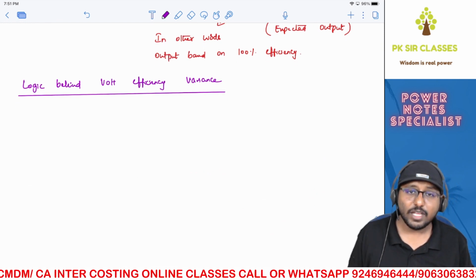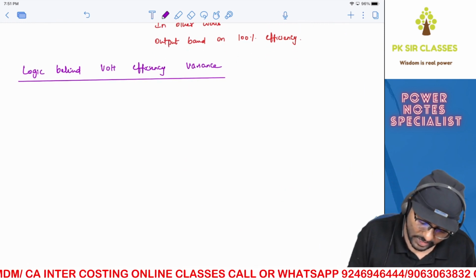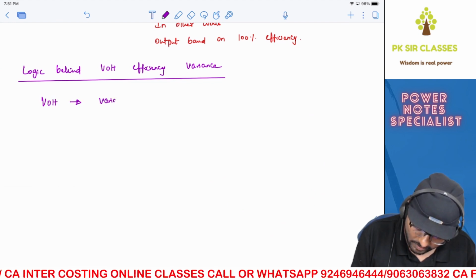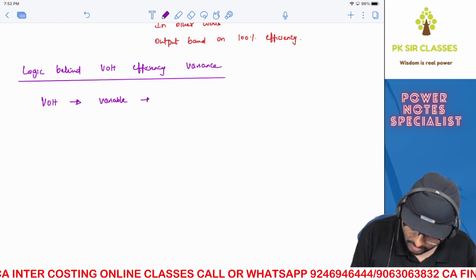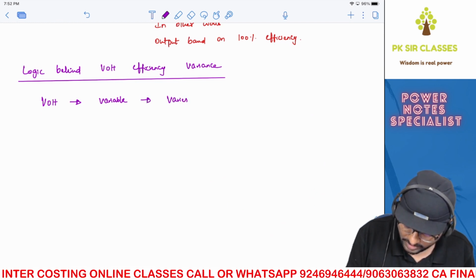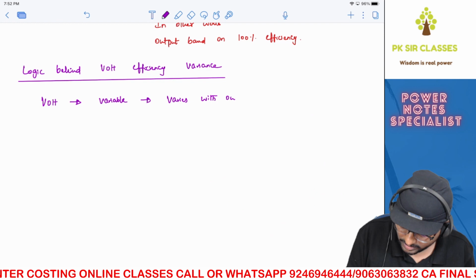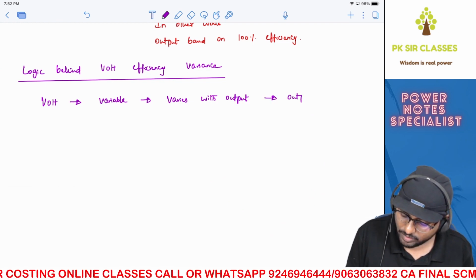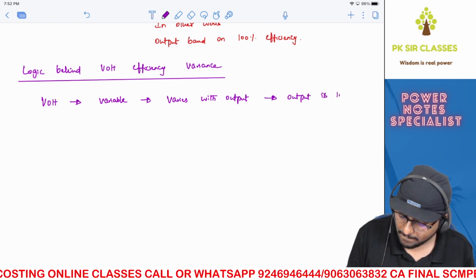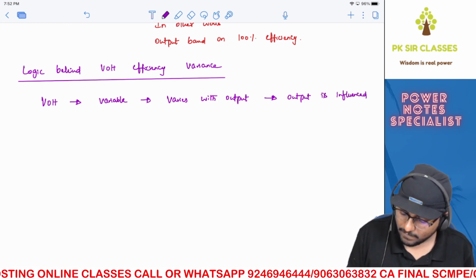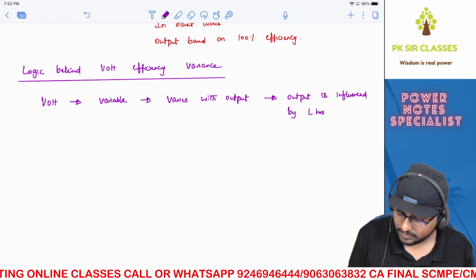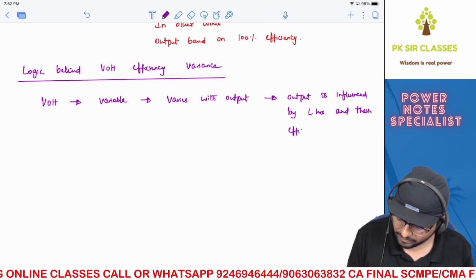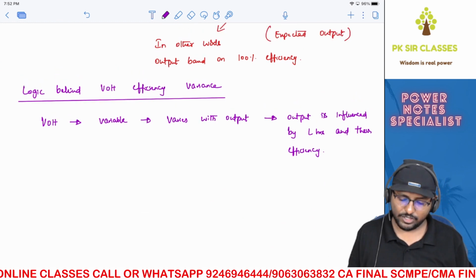So the logic behind variable overhead efficiency variance. Very simple. Variable overheads means it is variable. Variable means it varies with output proportionately. And your output is influenced by labor hours and their efficiency. Labor efficiency, correct?